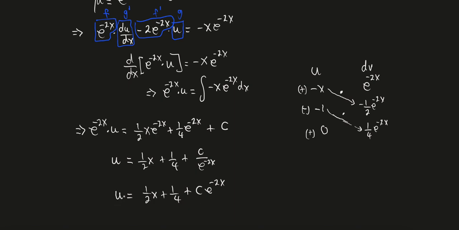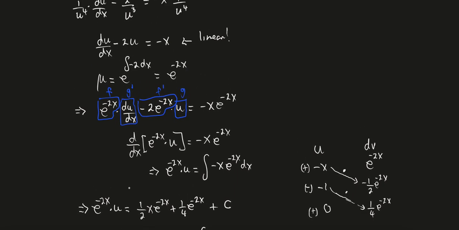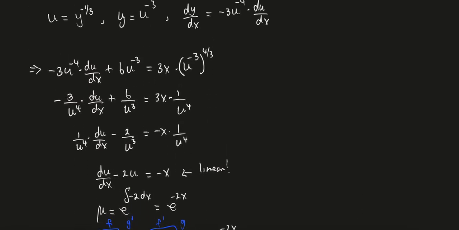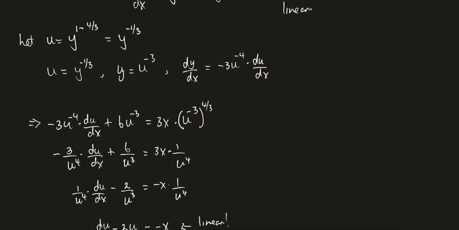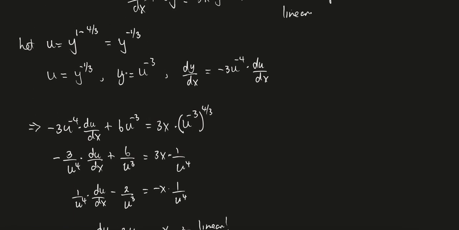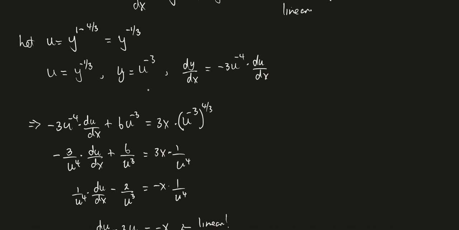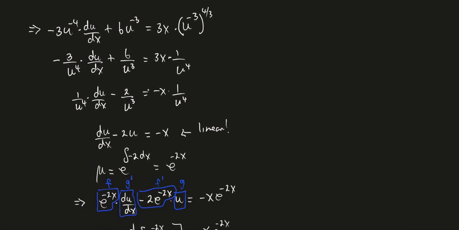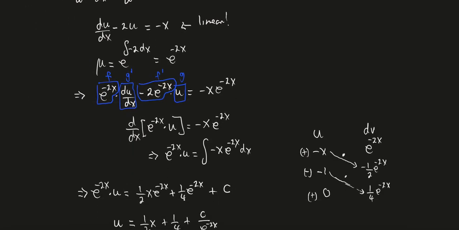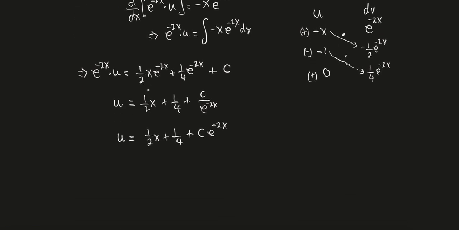We want the general solution for y. How do we find that? Well, let's go back and look at all this wonderful work that we just did. And here we go. So y is u to the negative third power. So all I have to do is take what I found for u and raise it to the negative third power.